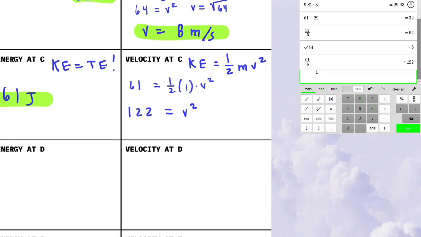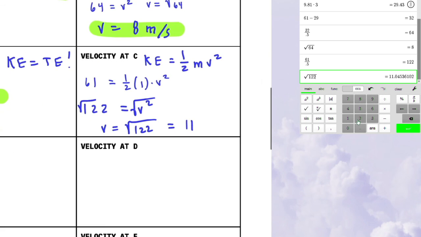So now last step, we take the square root on both sides, so v is equal to the square root of 122. And it's around 11. And our units here are meters per second.